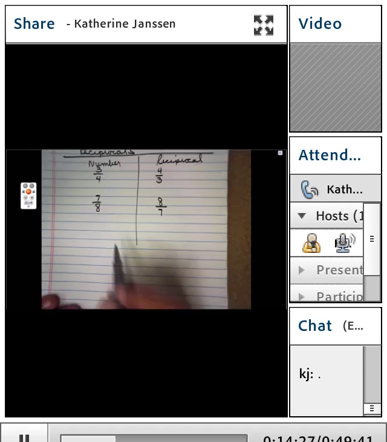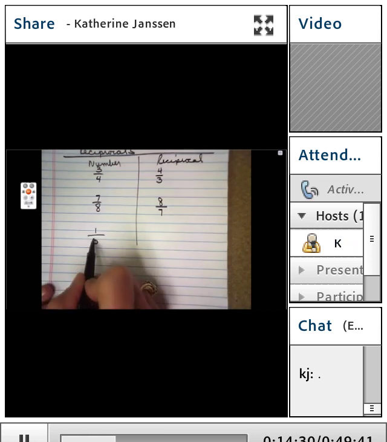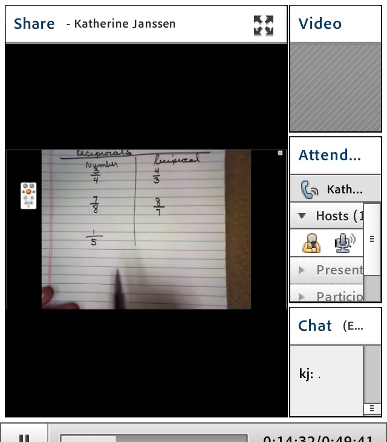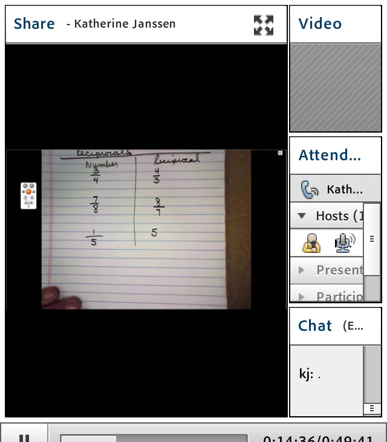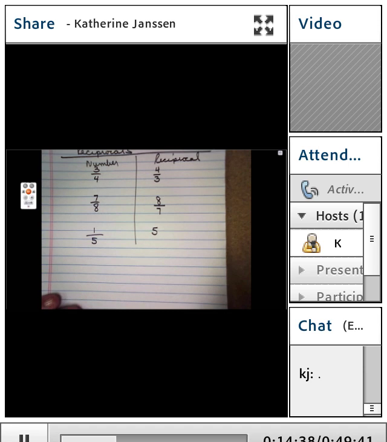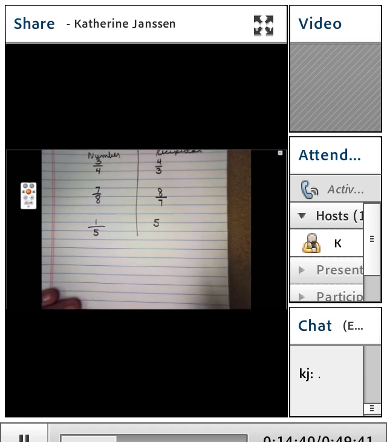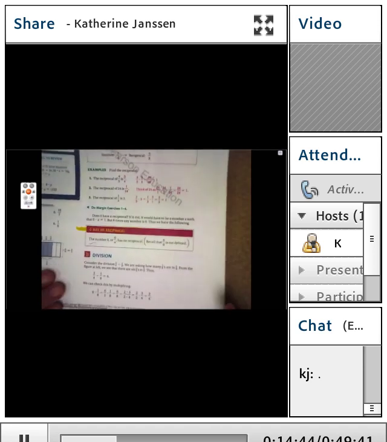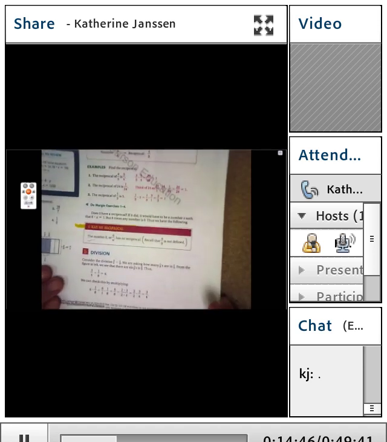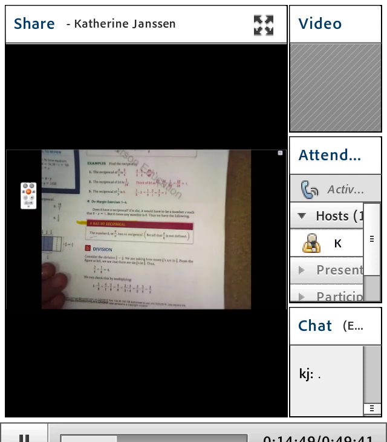If my number is 1/5, I'm going to interchange the numerator and the denominator and get 5/1, or 5 as a whole number. Now we use reciprocals as we continue to divide and solve for applications.